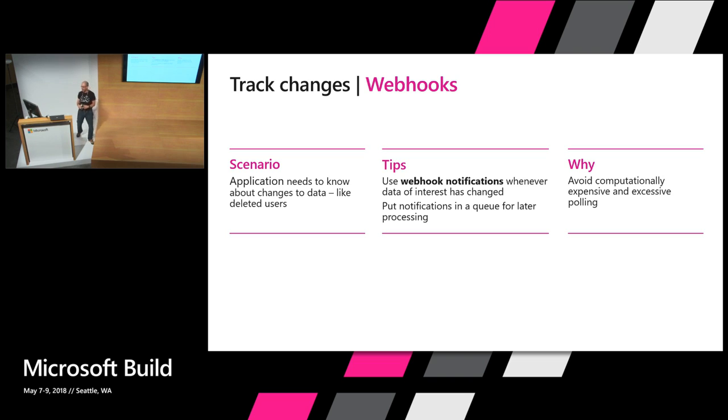But that's terribly inefficient, lots of computational expense. So our recommendation here is that you use webhook notifications whenever something of interest has changed. Also, it makes sense to put those notifications that you receive into a queue for later processing, and you can decide how to actually process those items. And you can find out more about webhooks at this aka.ms site.